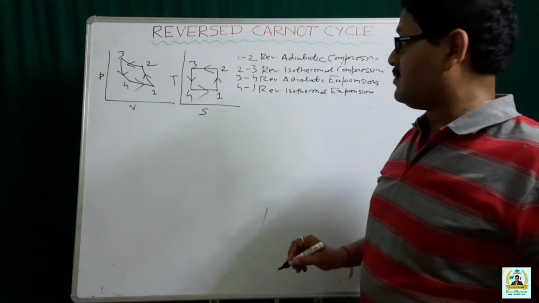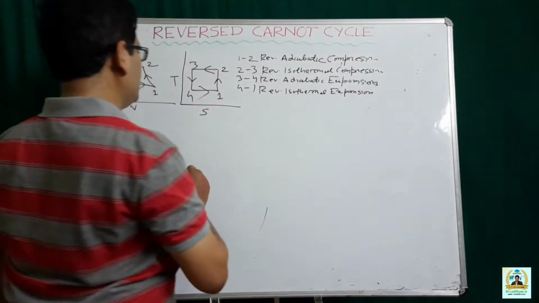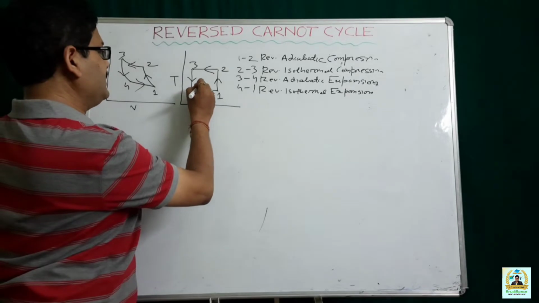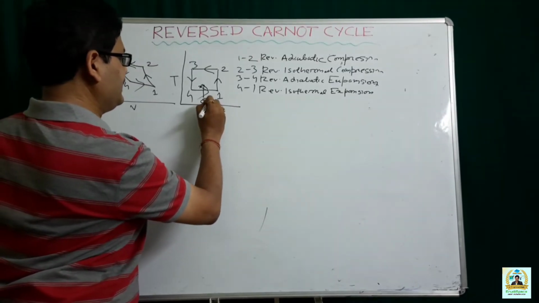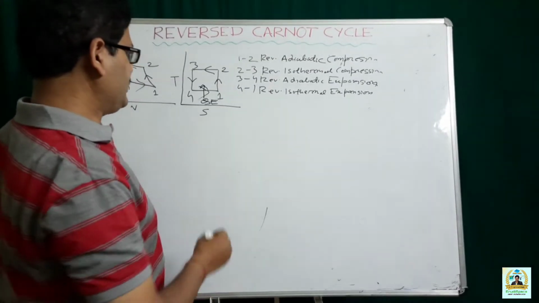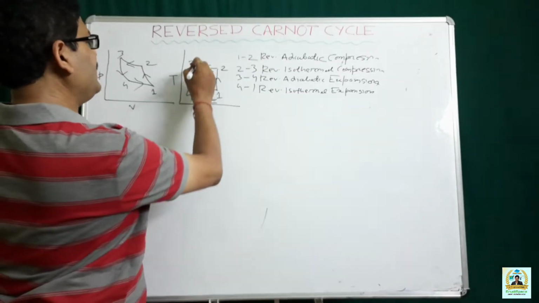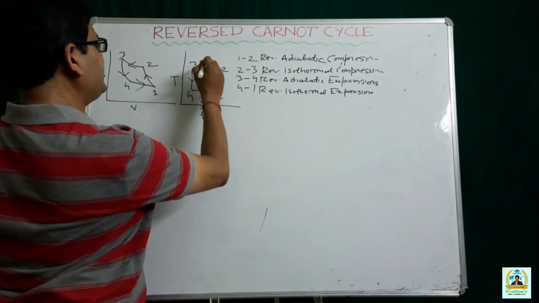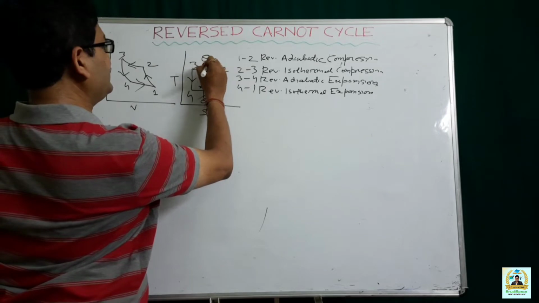Now, in process 4-1, heat is actually extracted. You can denote this as QE, and here heat is actually delivered.